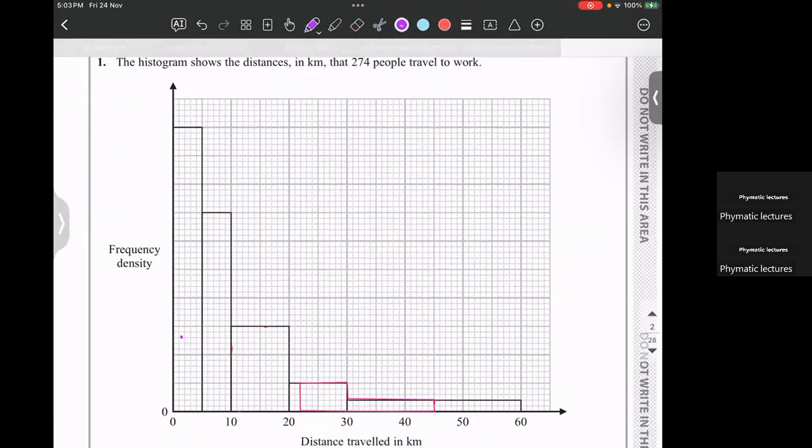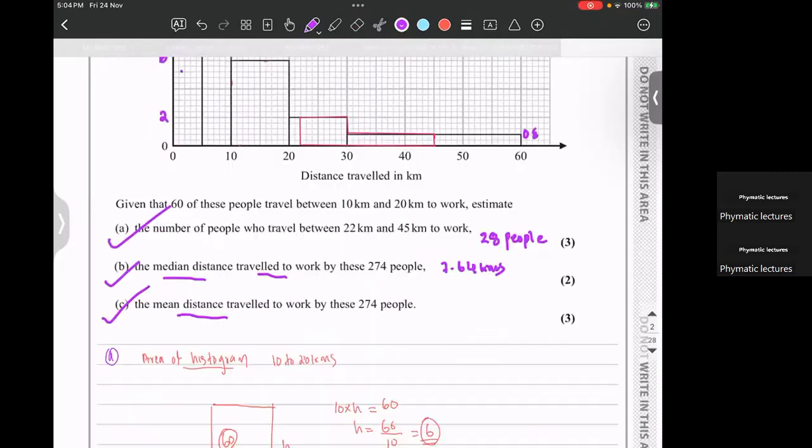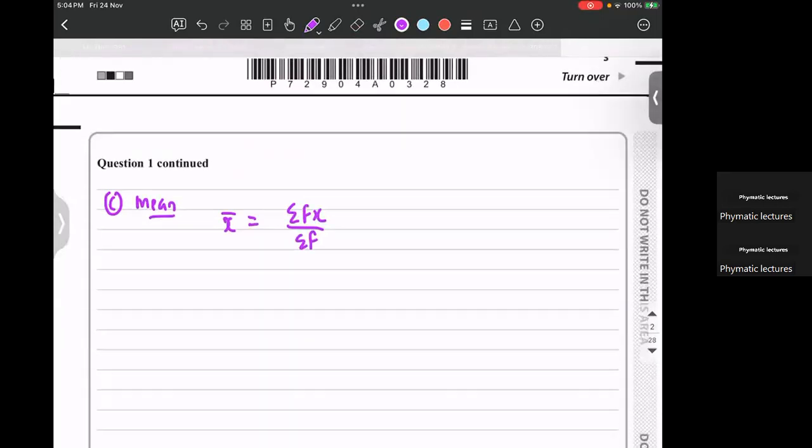This height we already got as 20, correct? And this height is 14. This value is 14, and this is 6. And this is 2. And this is 0.8, correct? So the value is 0.8.